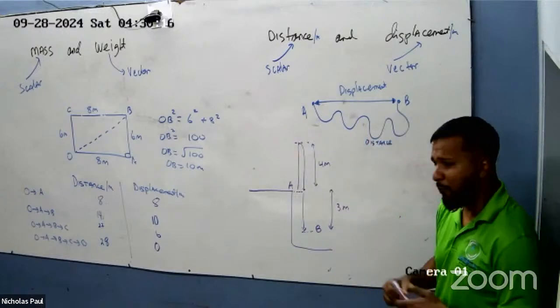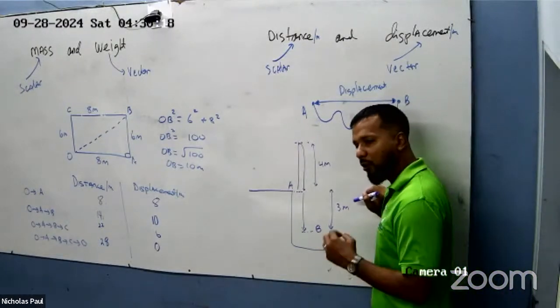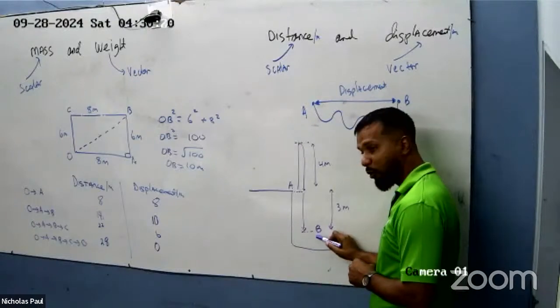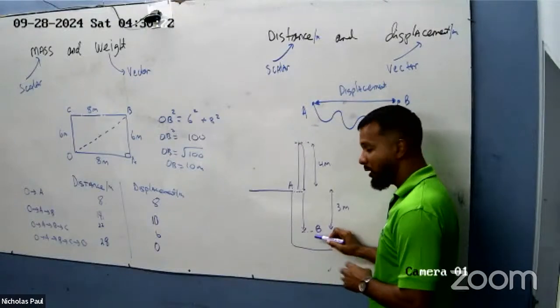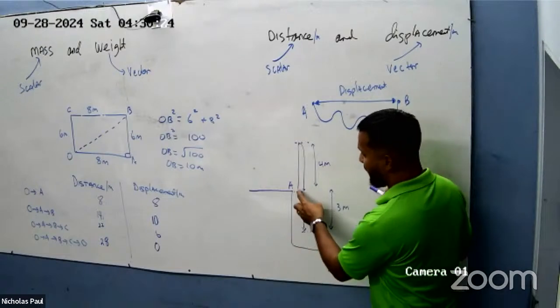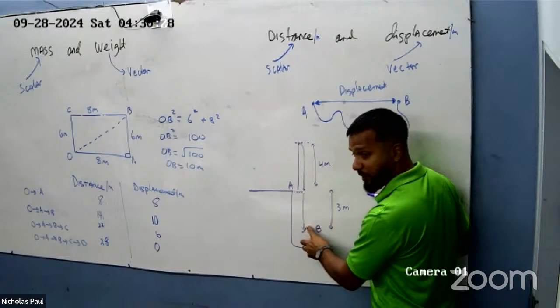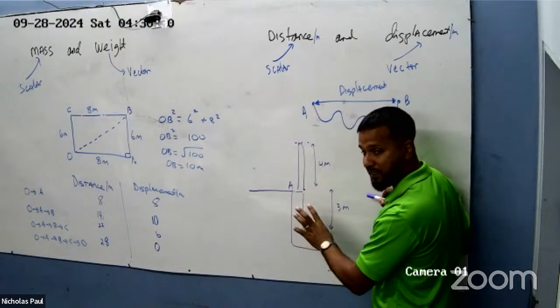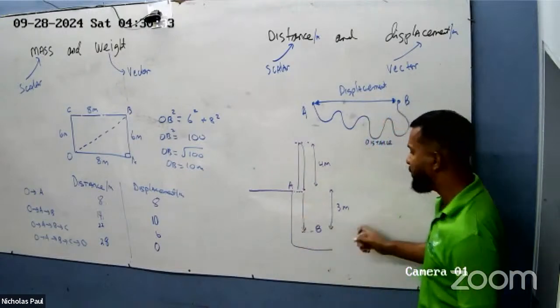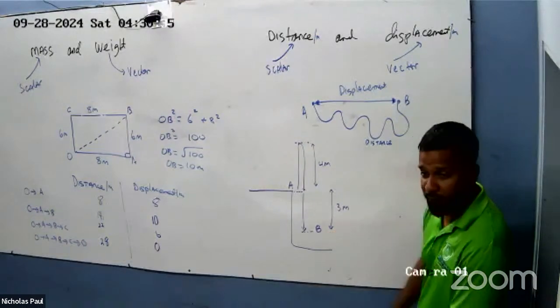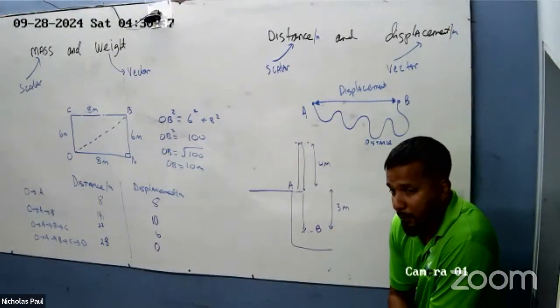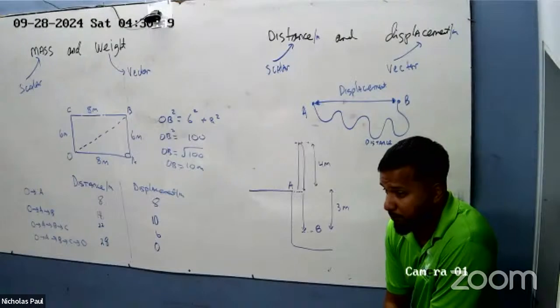Let's see if we can figure out how to represent displacement all the way down here. Total distance traveled is what? 4 plus 4, which is 8, plus 3, which is 11. That's easy. But what do you think will be the displacement here? 3 meters? Yeah.